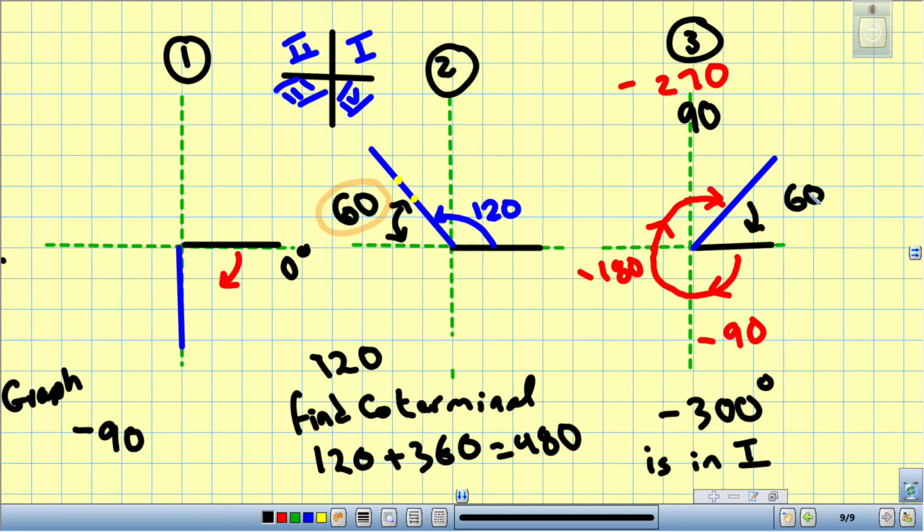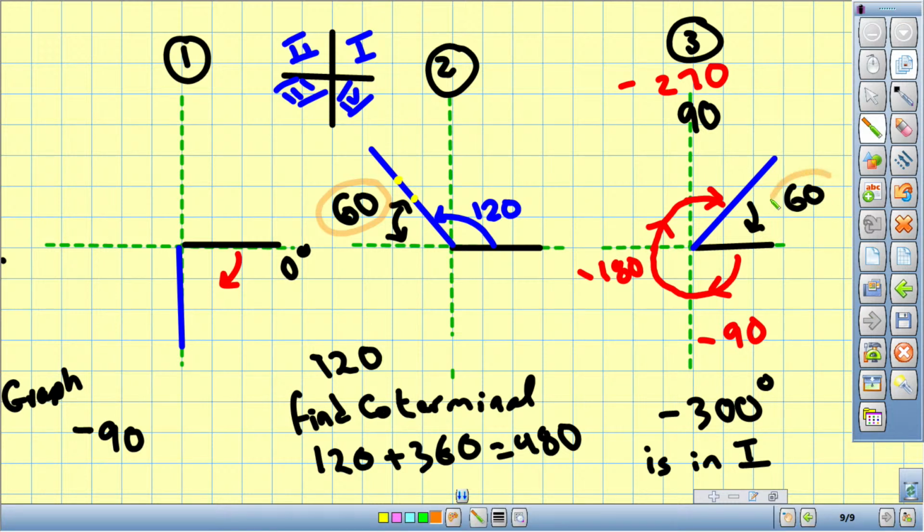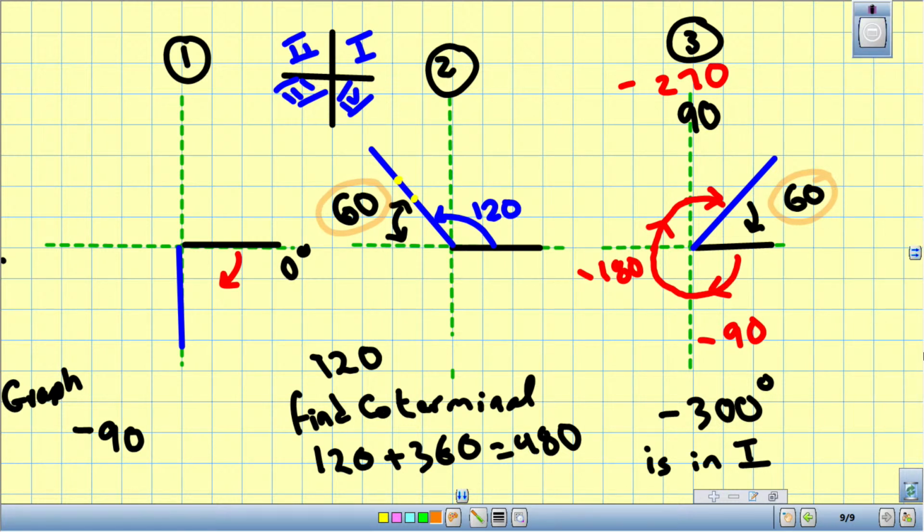Is it always like that? No, it's not like that. What if this angle was 315? What do you think is going to be the reference angle? What if this was negative 315? Champions! If it's 315, then you're going to land where?